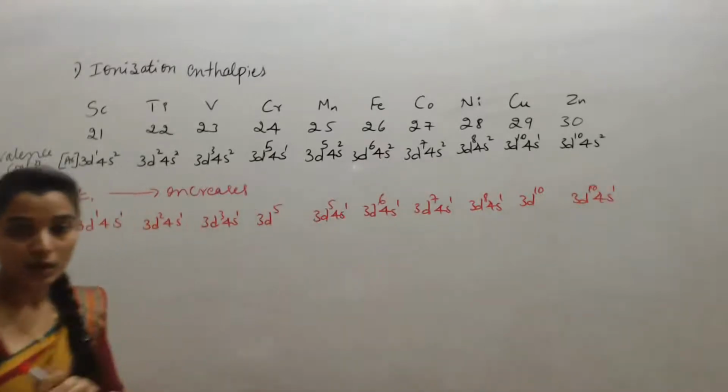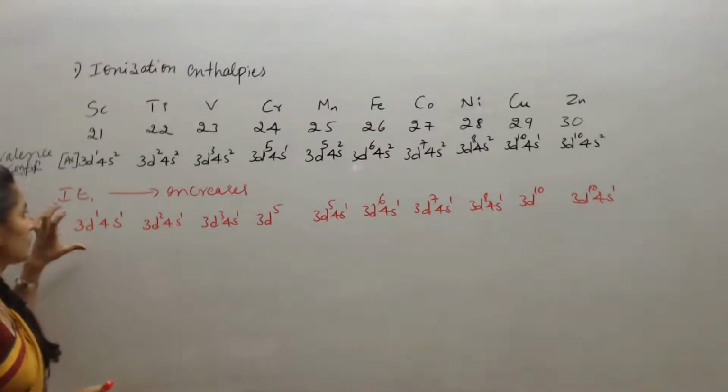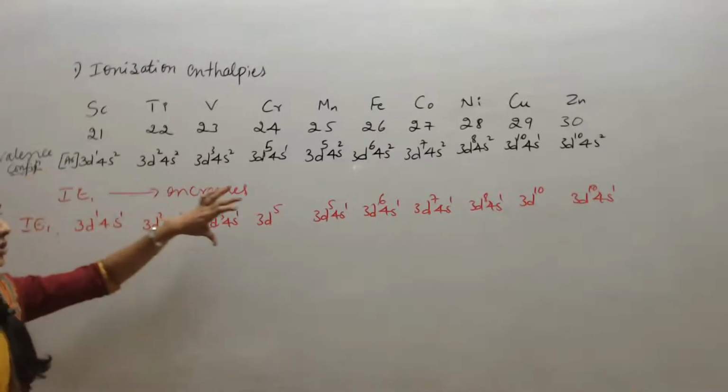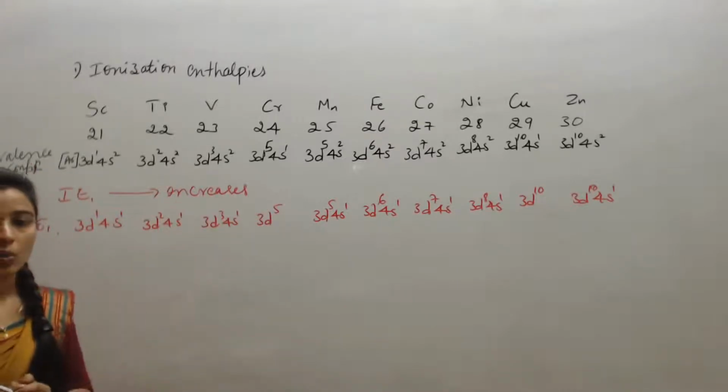So this is the electronic configuration of the species after the first ionization, after the removal of one electron.